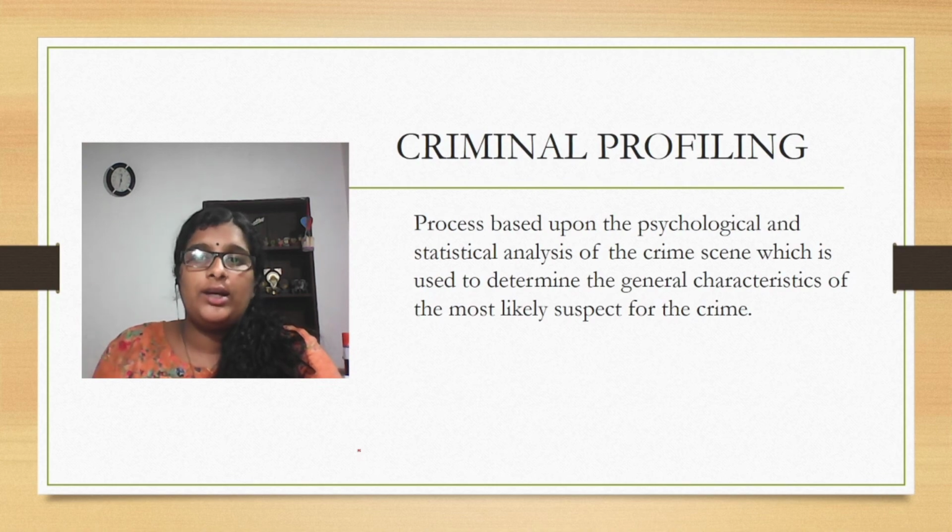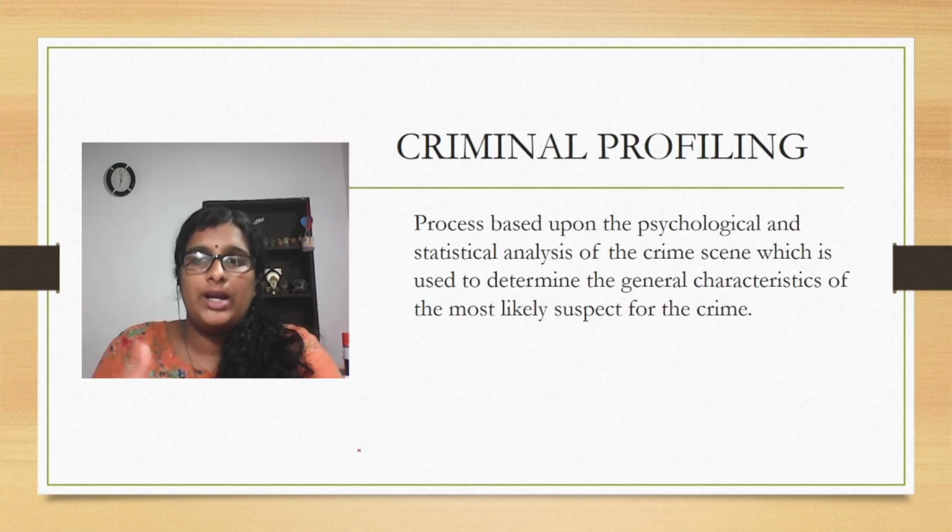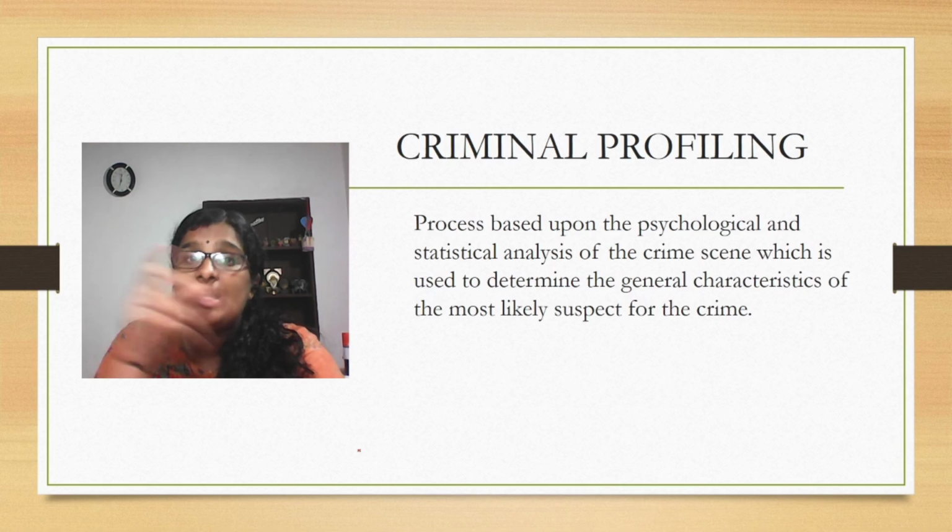Everything they collect and keep in their record. So if a case occurs in Ernakulam, and the same modus operandi happens in another district like Thrissur, or the same thing happens after two months in Kollam, they can relate them. This person has a characteristic of committing crimes like this, so they will link them.